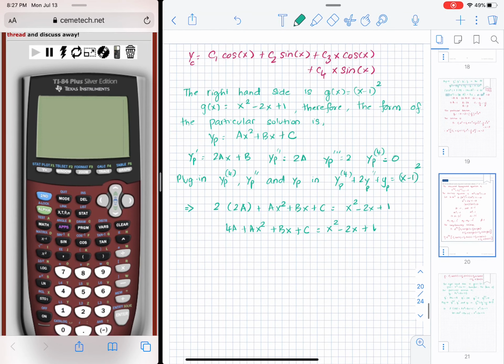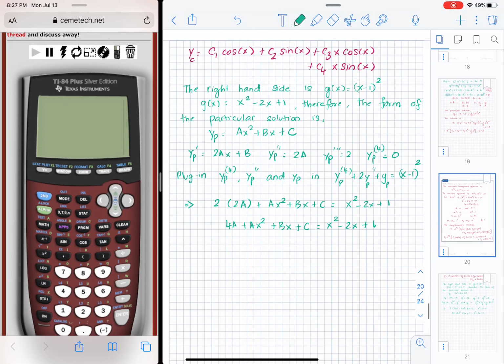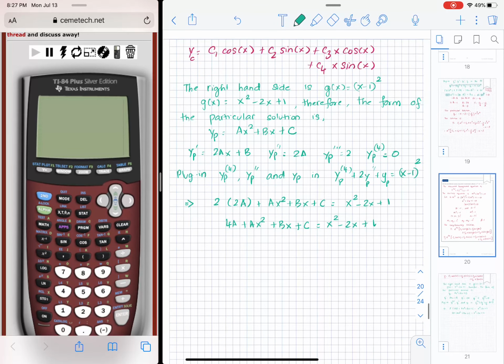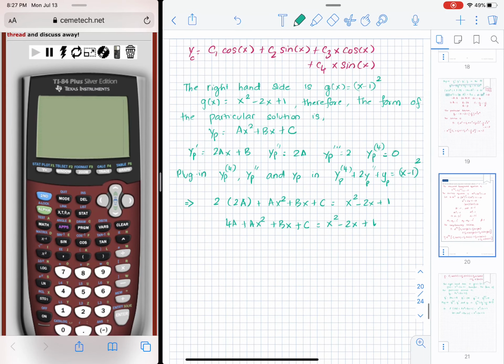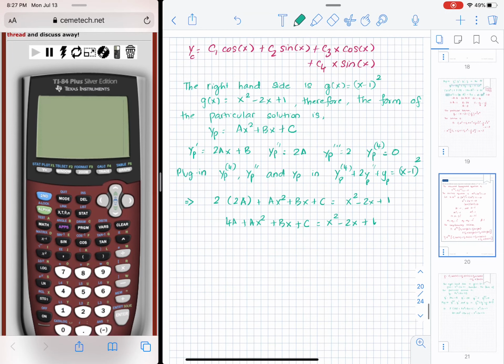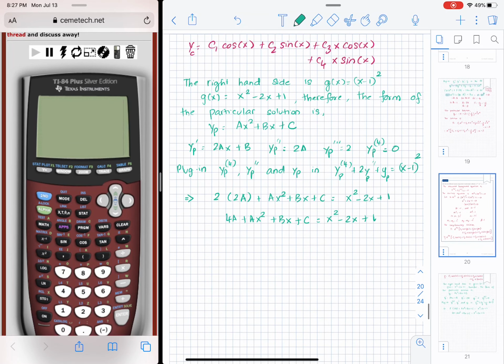Something feels amiss. The first derivative, the second derivative, the third derivative, fourth is 0.